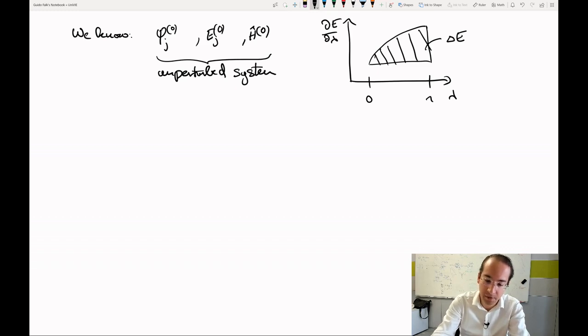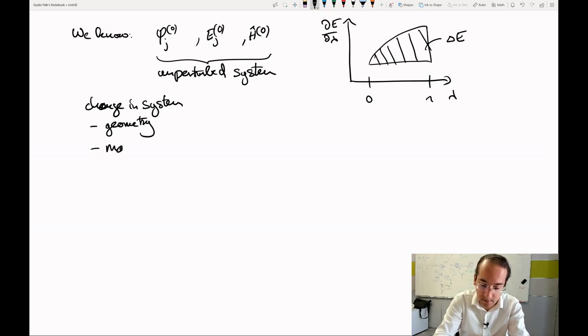So what we say is there is a change in system. That could be geometry, that could be magnetic field.